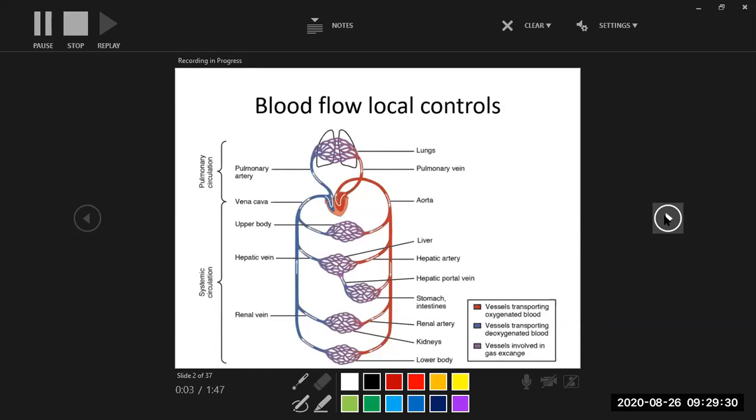So here is again a very simple version of the cardiovascular system. We have the heart, we have the vessels. And the one thing I want you to pay attention to is that when the oxygenated blood goes from the heart to different organ systems, the regulation of blood to each organ system is controlled locally.